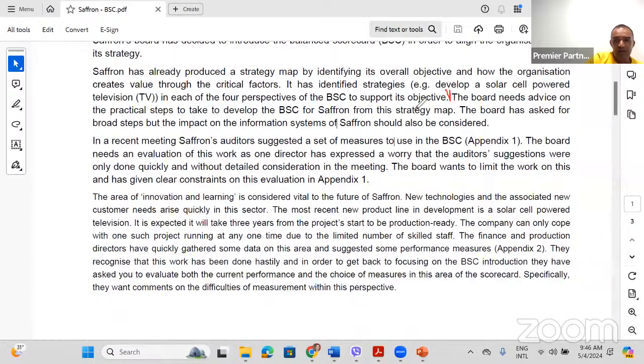The board needs advice on the practical steps to take to develop the BSC for Saffron from this strategy map. The board has asked for broad steps, but the impact on information systems of Saffron will also be considered. Right? Now the board wants something.